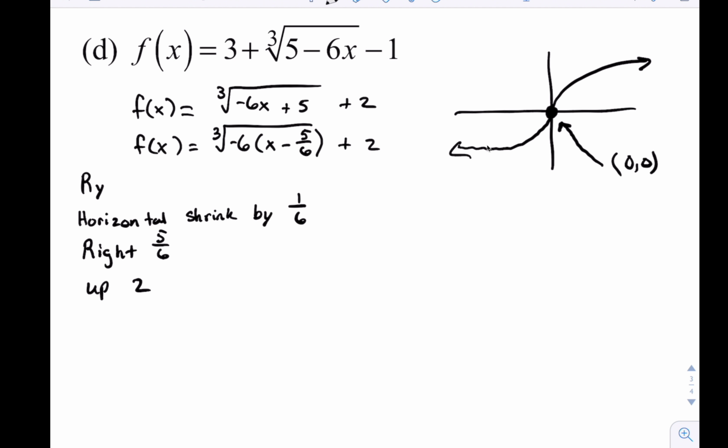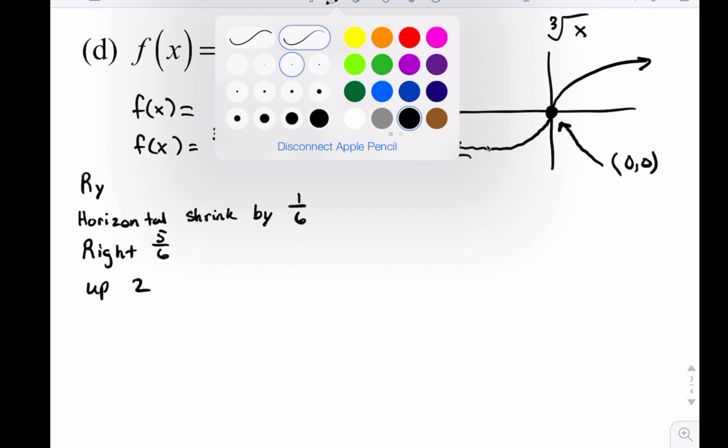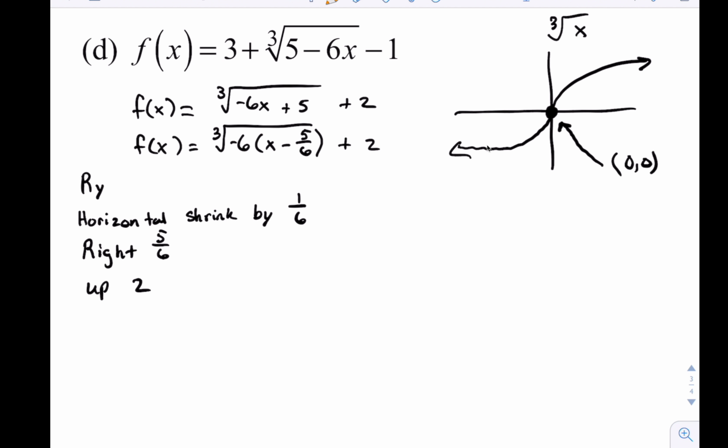All right, now, so the first one says it's a reflection over the y-axis, okay? So as I move from left to right on my parent function, right, my graph is actually increasing as I go from the left side to the right side, okay? Now, when I flipped it over the y-axis, it's actually going to become the opposite, so I'm going to actually decrease as I move from the left side to the right side.